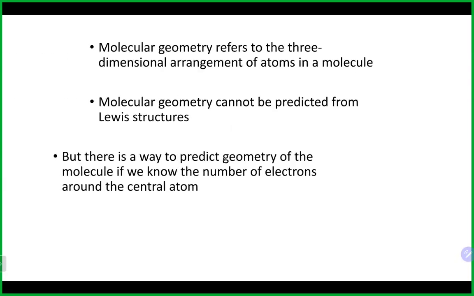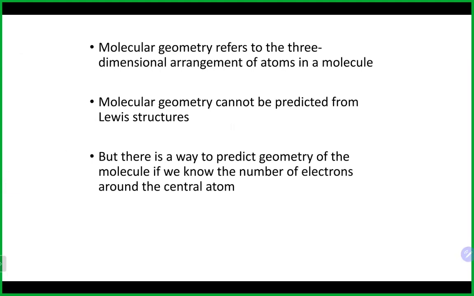All right, so continuing on here to wrap up this chapter, we're going to talk about molecular geometry next, which is basically the three-dimensional arrangement of the atoms in the molecule in space. When we talk about geometry, it helps us describe how the atoms and the electrons are arranged in three-dimensional space.